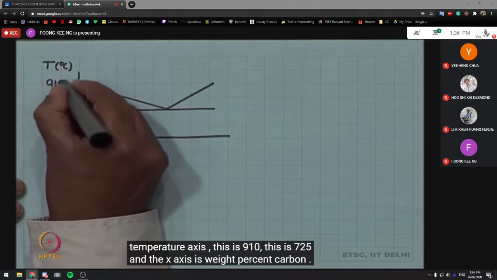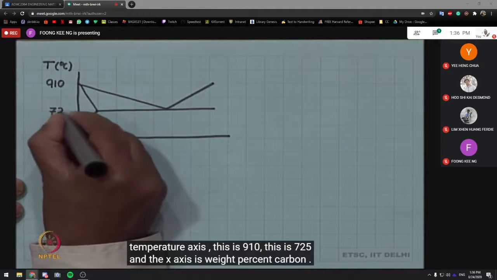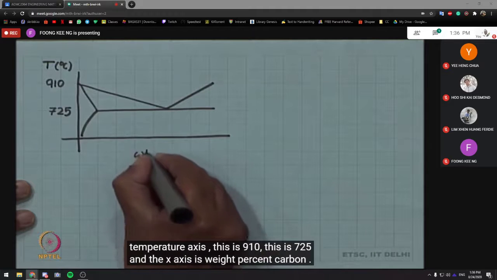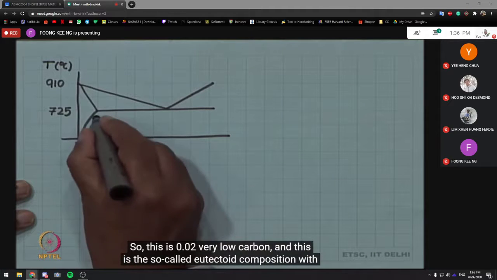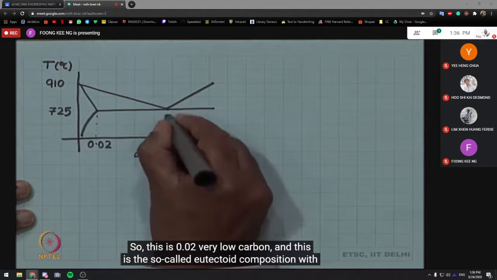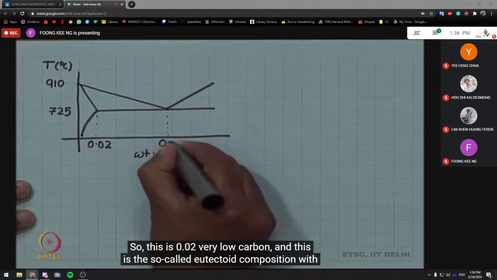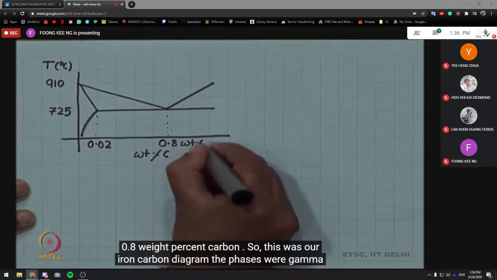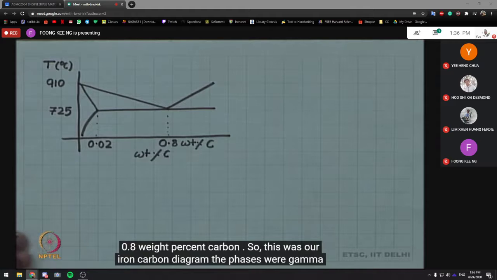This is 910. This is 725, and the x-axis is weight % carbon. So this is 0.02, very low carbon, and this is the so-called eutectoid composition with 0.8 weight % carbon. So this was our iron carbon diagram.